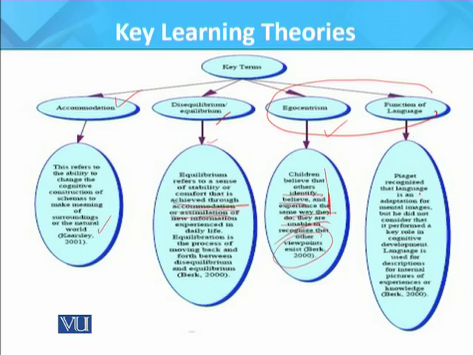The function of language, according to Piaget, is basically an adaptation for mental images. It is only to do with the representation of the mental images one has, but he did not consider that it performed a key role in cognitive development.